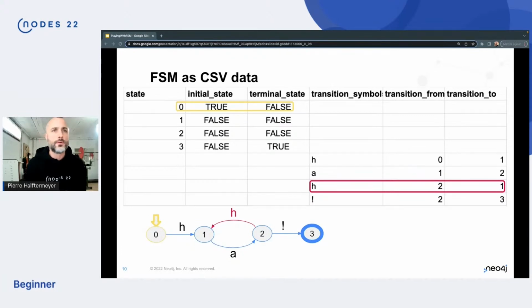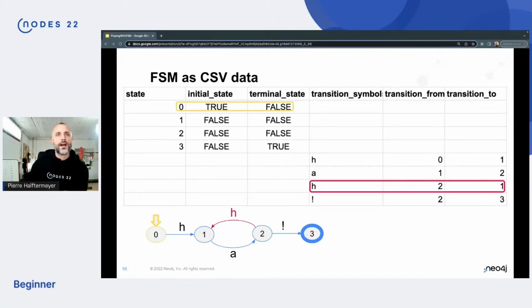There is a very straightforward mapping from my automaton to a CSV. Here, for instance, the yellow state is the first line, and the red transition is the red line, and we can see it's very easy.